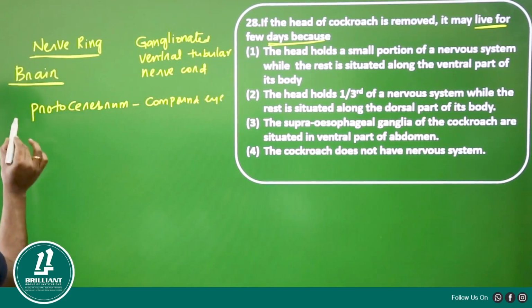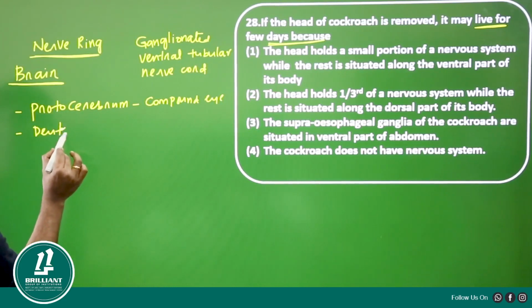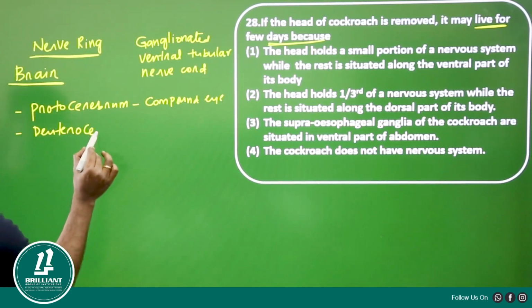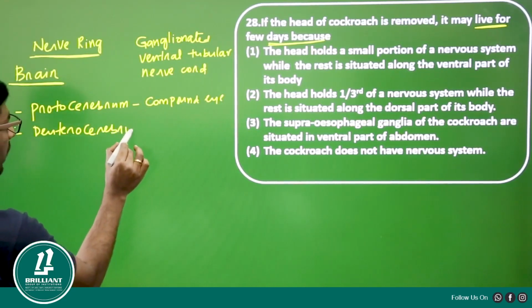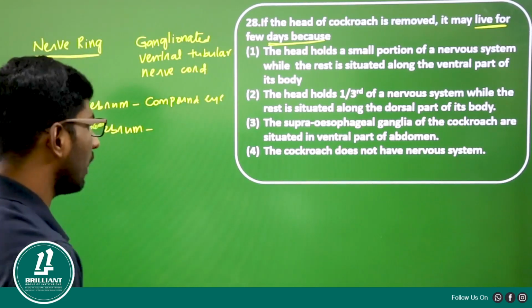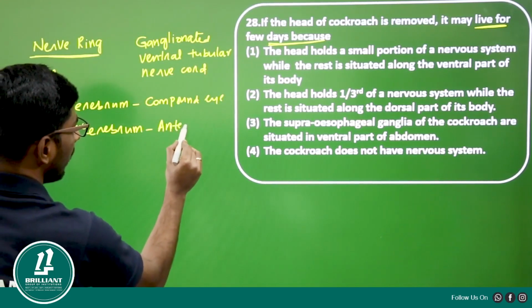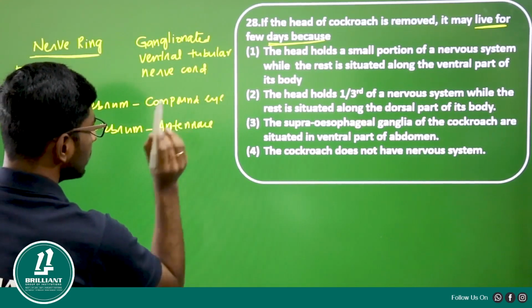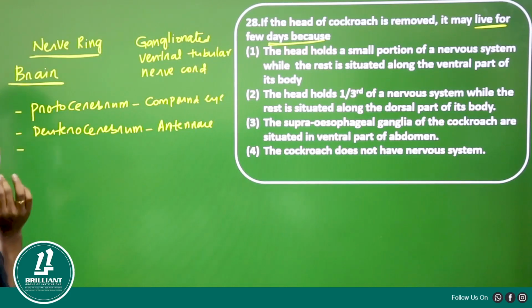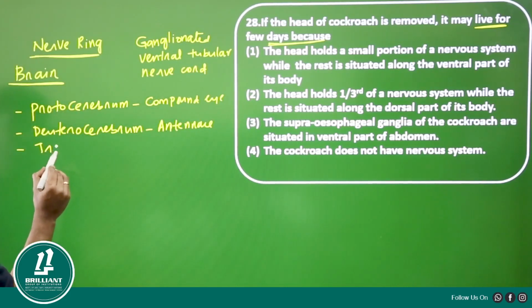Now, second lobe is known as deuterocerebrum, which receives sensory impulse from antenna, right? Antenna. Next, the last lobe is known as tritocerebrum. The last lobe is called what?